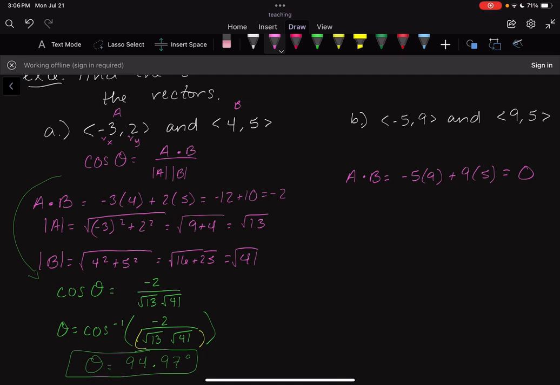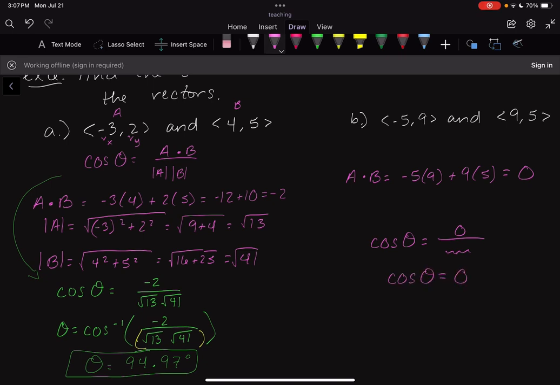Will it matter if we find our denominator now? Because when I plug it into the formula, I have 0 over stuff. 0 divided by anything is just 0. So I'm just going to get rid of that and say cosine theta equals 0.